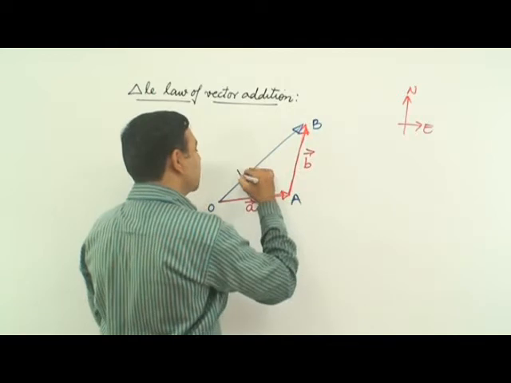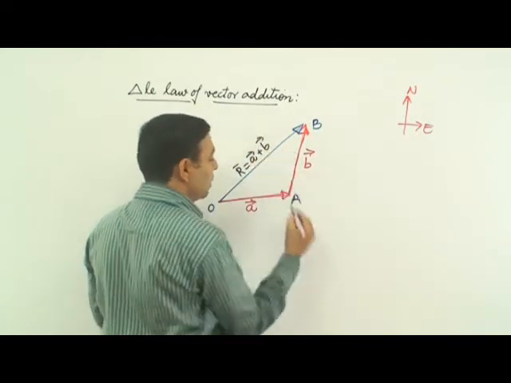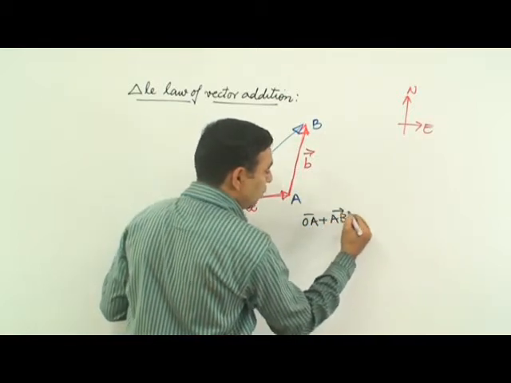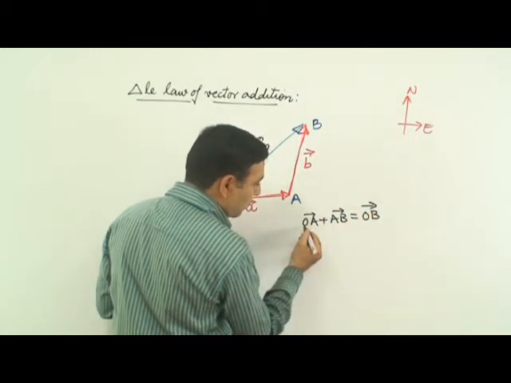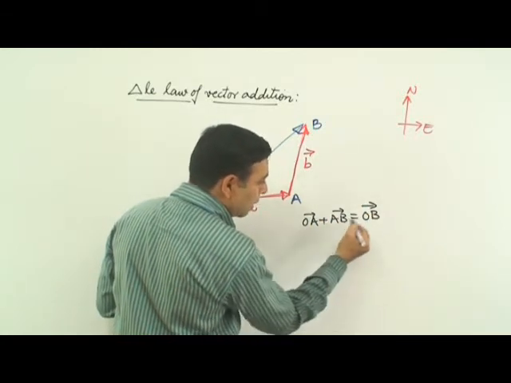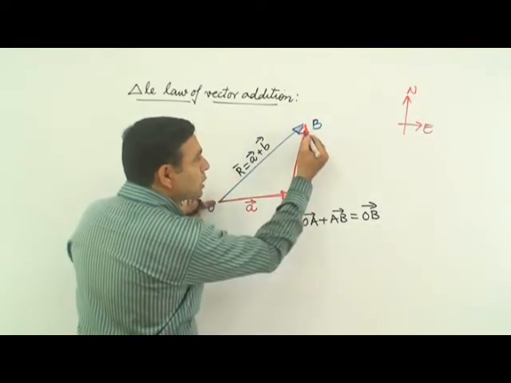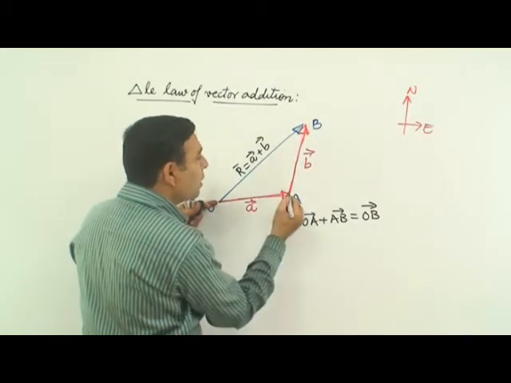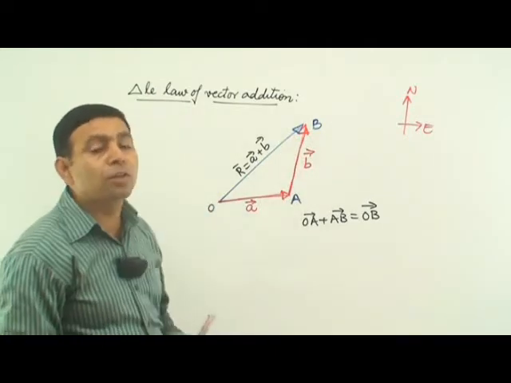This is the resultant of vectors A and B. I mean OA plus AB is going to be OB. Tail of the first vector is the tail of the resultant, head of the last vector is the head of the resultant. I mean head of the second vector, head of the resultant. Tail, head, tail. Fine. So remember, that's the reason we say third side in reverse order.